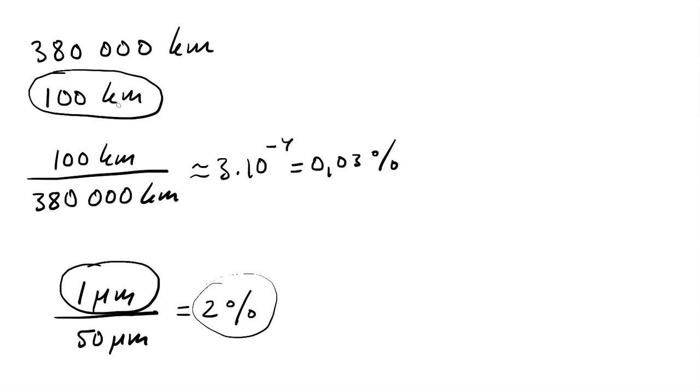So you can't just compare the absolute measurement errors and say something about how good the measurements are. You have to compare with what you are measuring. Then you talk about relative measurement error.